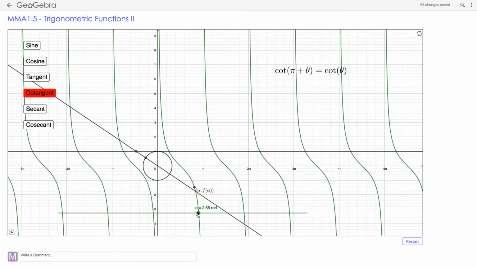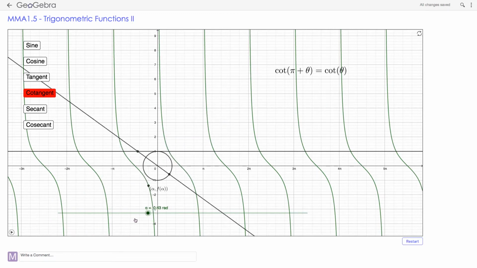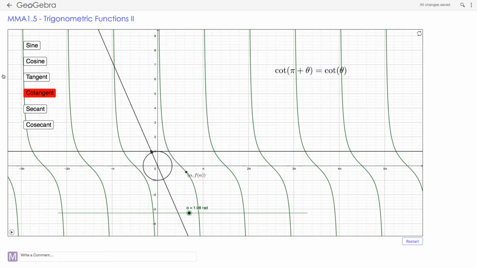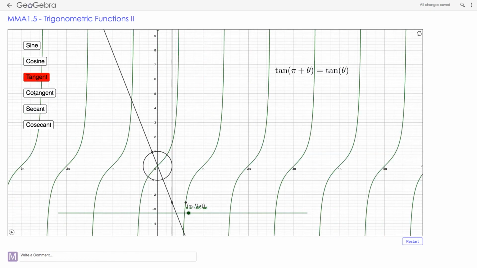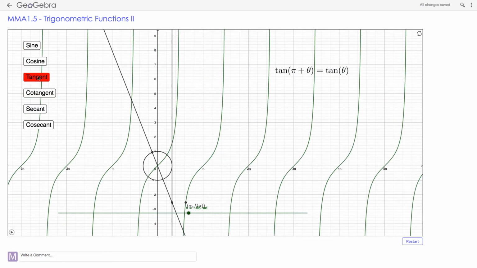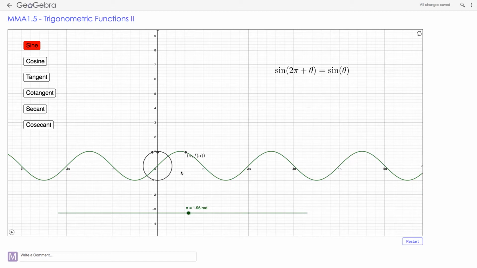Or my parameter is going negative, but it doesn't matter. You can see that the tangent and the cotangent functions are very similar. One is decreasing on these subintervals, the other one is increasing. Sine and cosine were also very similar. One is in fact a copy of the other, shifted by pi half.